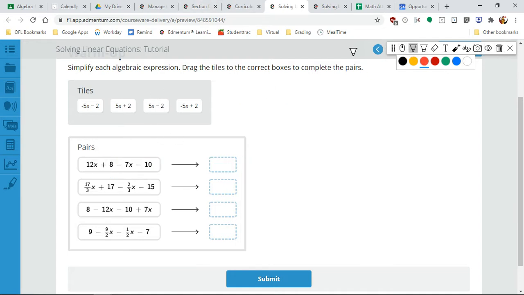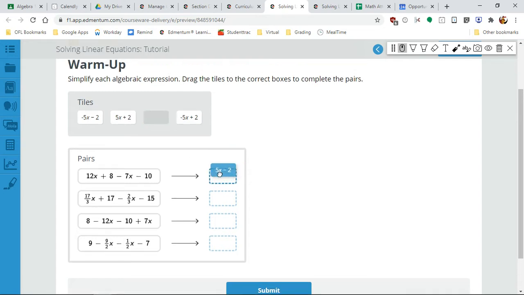A lot of people make this mistake. A lot of people think that a positive and a positive is a positive, a negative and a negative is a positive. This is only for multiplication.